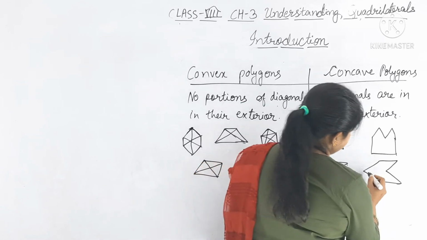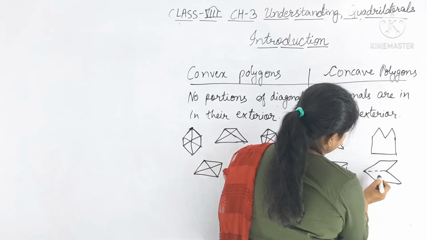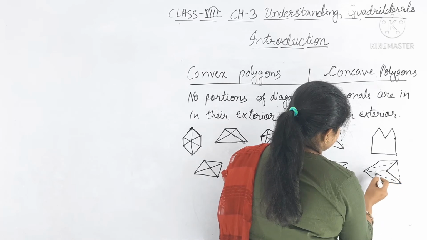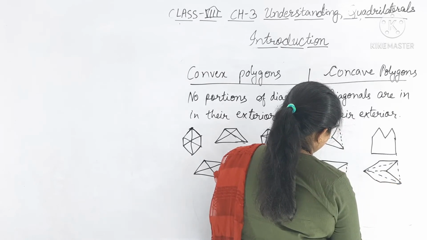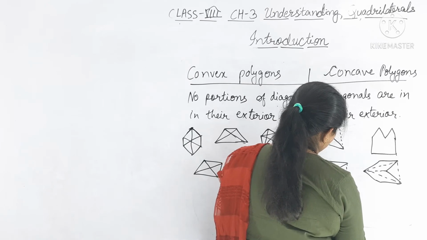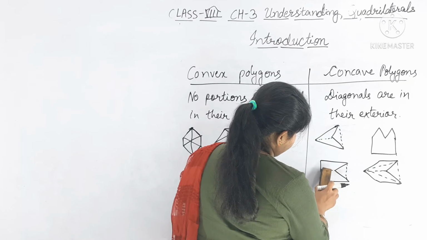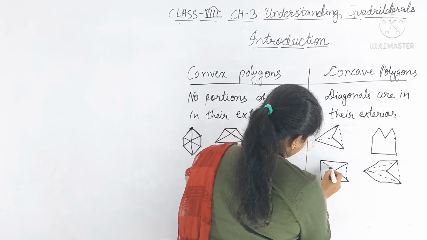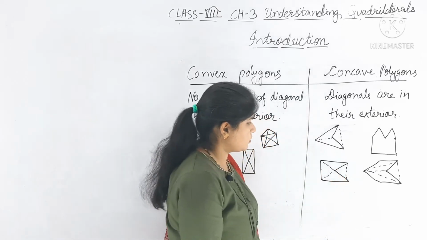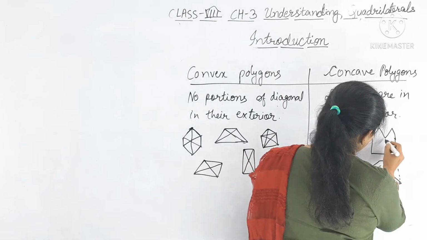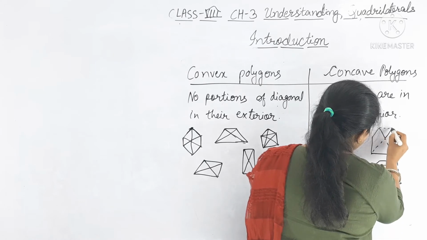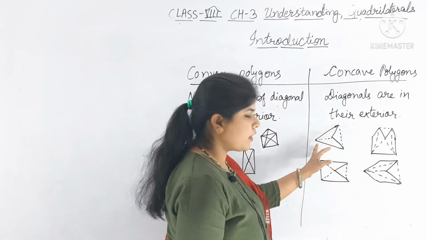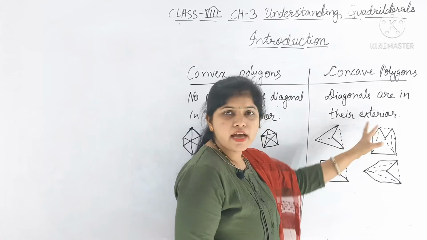Like this you can make. Okay, you can see that some diagonals are in the interior and some are in the exterior of the closed curve.